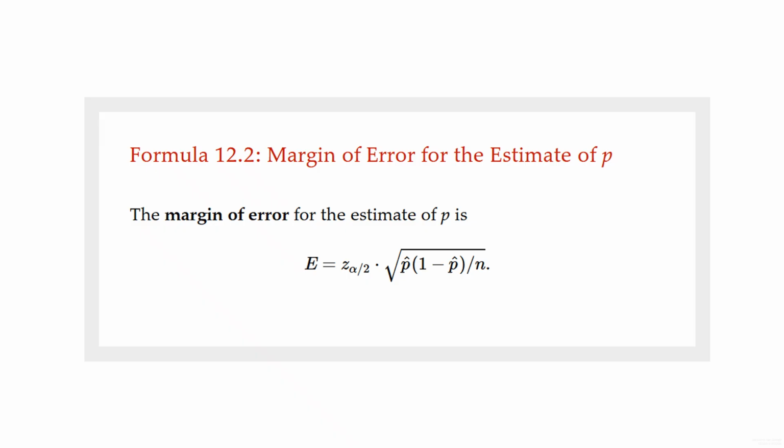So for the one proportion Z interval procedure, the point estimate here is our sample proportion. And we can see the margin of error formula here, denoted with the letter E, is equal to Z alpha divided by 2 multiplied by the square root of P hat times Q hat divided by n.